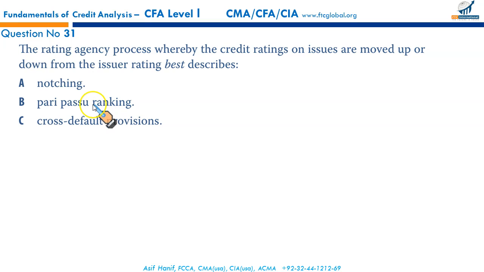Basically, it's a Latin term which means on equal footing, proportional. And cross default provision we discussed previously. If you default on your home loan, under the cross default provision it means you have defaulted on your auto loan as well. So that's A.